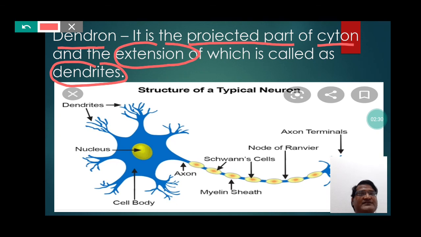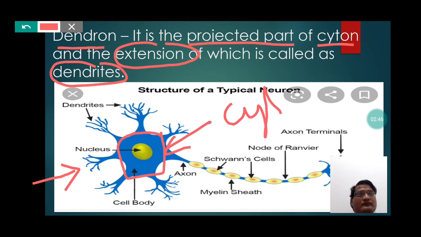Now students, let's understand dendron with the help of the picture. Students, here the flattened part is the cyton, and if you concentrate, the flattened part of this cyton is the dendron.